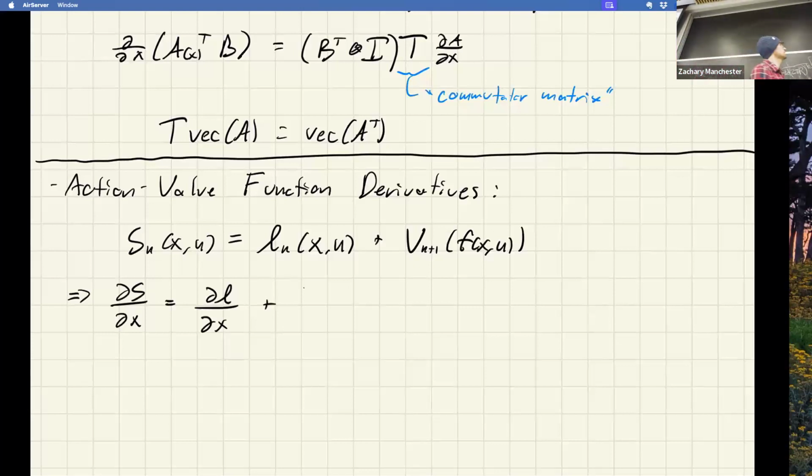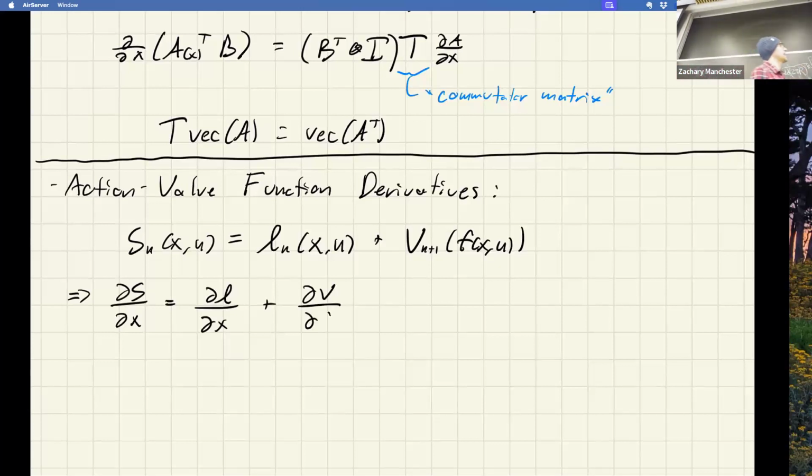Remember, df dx is A, dv df is little p. And then same deal over here. This is g sub u. And then this is B transpose little p.